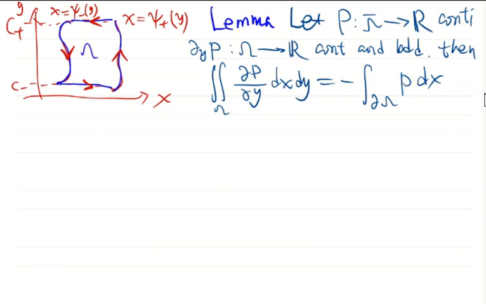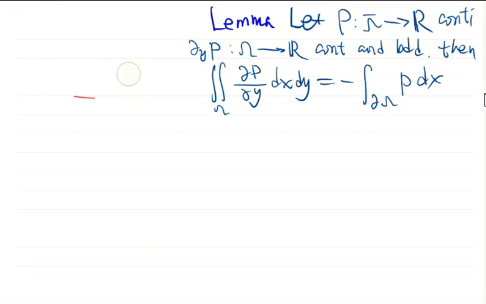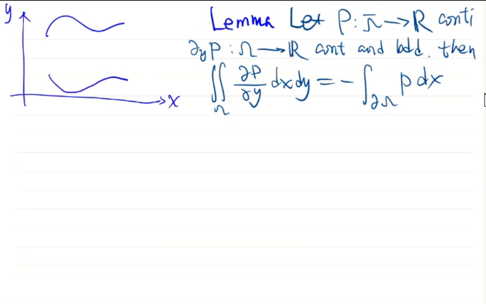Here this omega, I had better erase this one and draw our correct one. The omega is the domain that we just described on the last page, determined by two functions, phi plus and phi minus. This is a minus, this is a plus. So the boundary is oriented in this way.